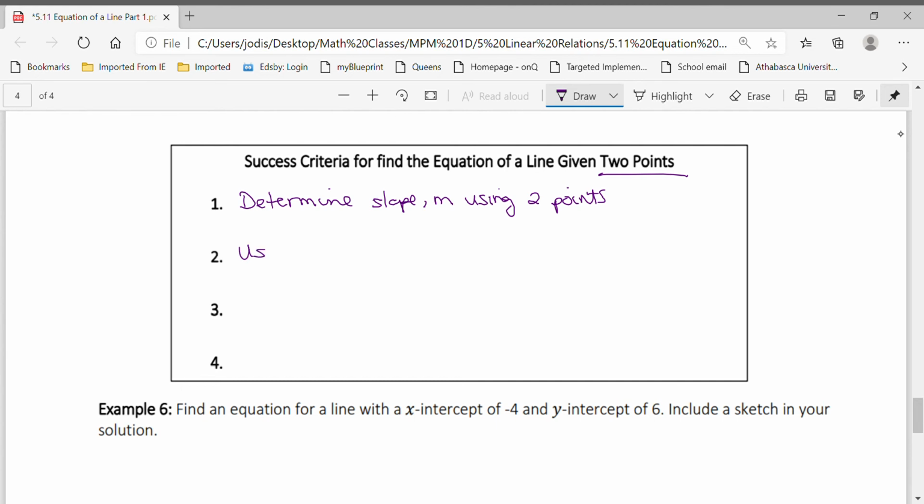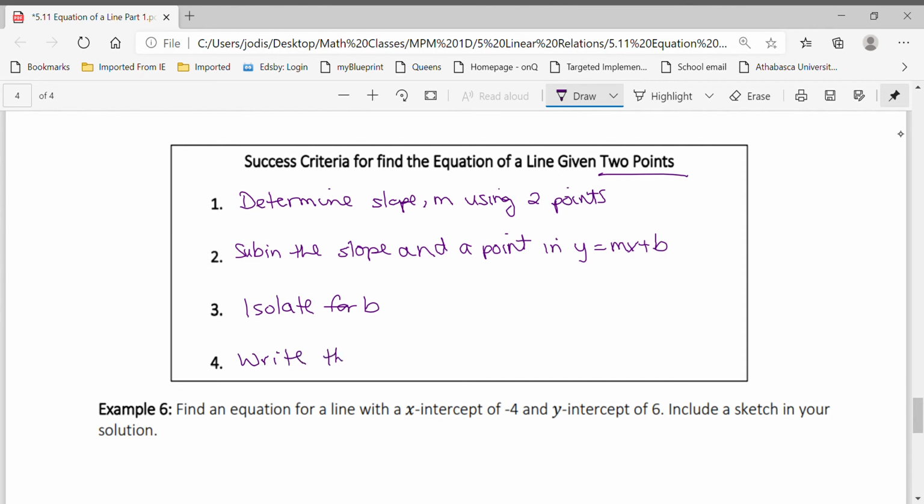Then we want to sub in the slope and a point in y equals mx plus b. Then we're going to isolate for b. And then we're just going to write our equation using m and b.